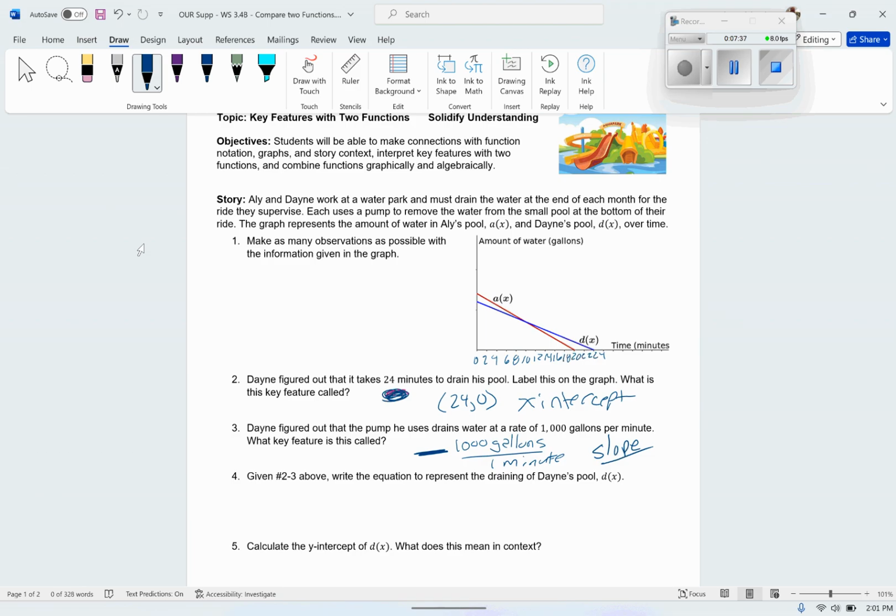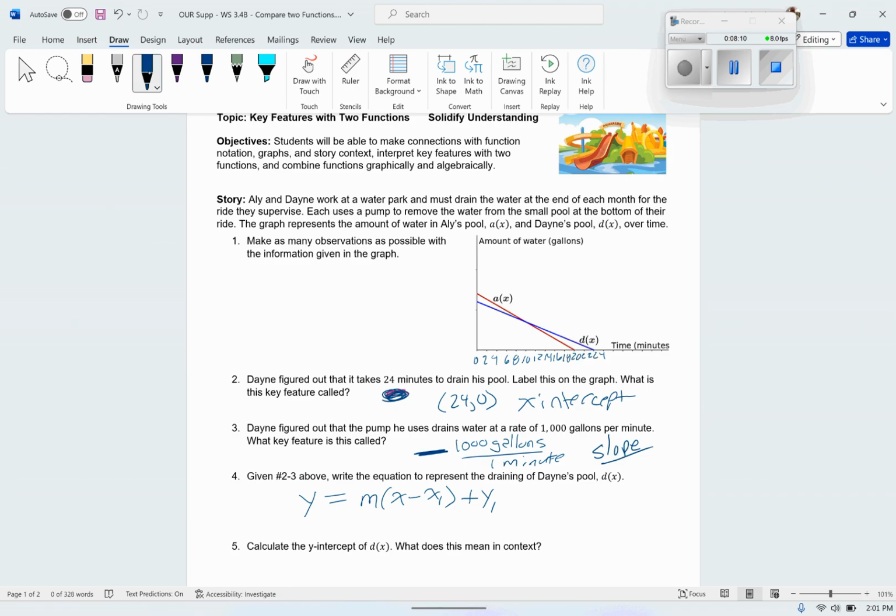It says use 2 and 3, write an equation that represents Dane's pool. Okay. Write an equation. Let's see. I remember we had this as an equation. Do you remember that one? Didn't we use this once? Okay. Let's take a look at what we got there. All right, so let's start plugging stuff in.